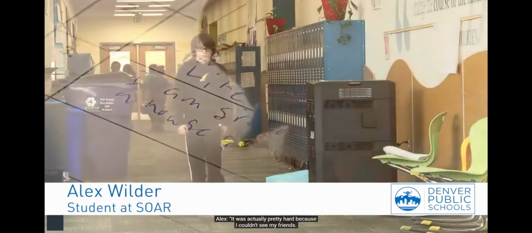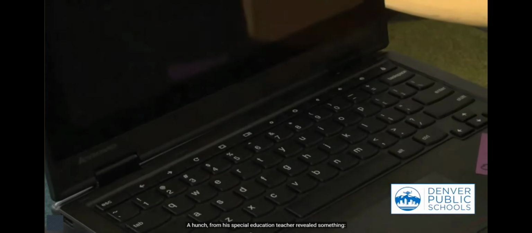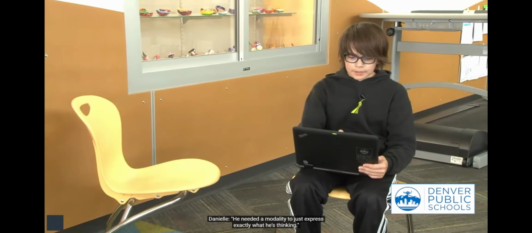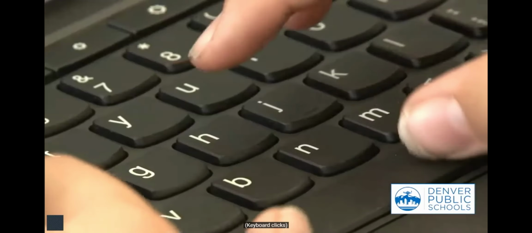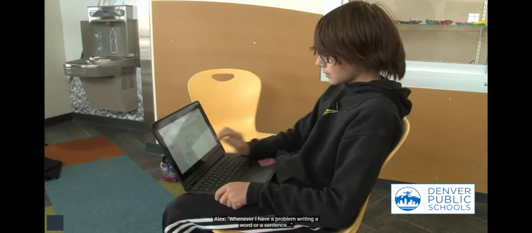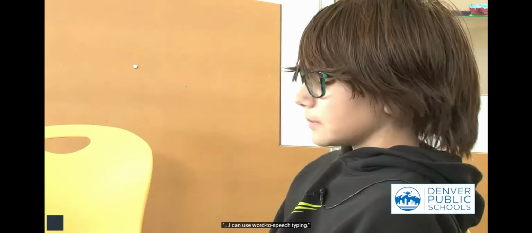It was actually pretty hard because I couldn't see my friends. I thought I was just going to be held back again. He couldn't even get his thoughts out. A hunch from his special education teacher revealed something. He needed a modality to just express exactly what he's thinking. Whenever I have a problem writing a word or a sentence, assistive technology, I can use word-to-speech typing.